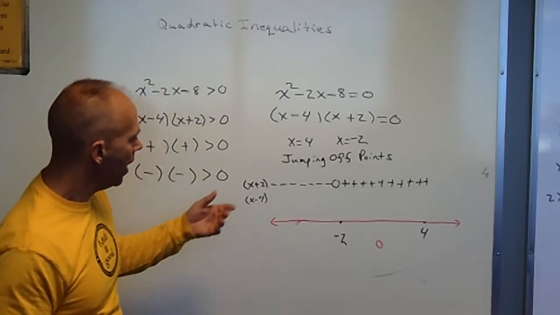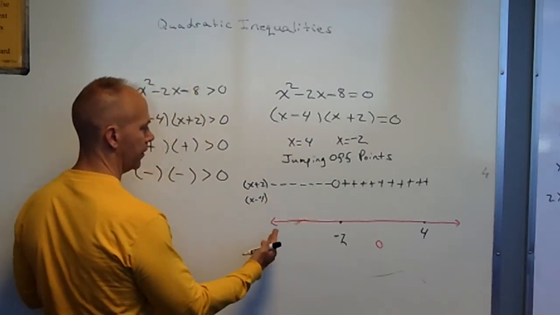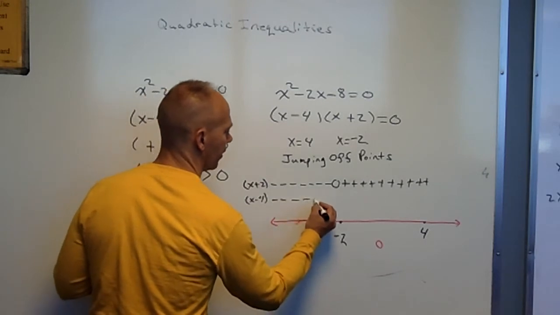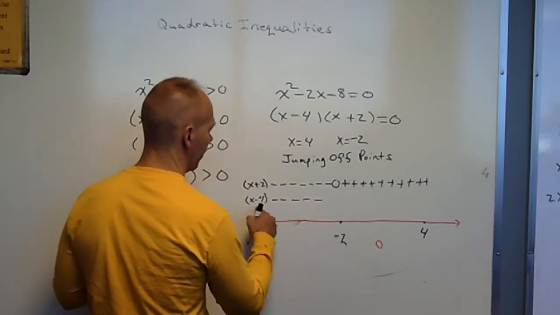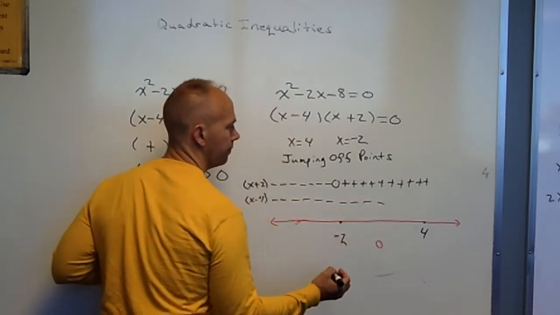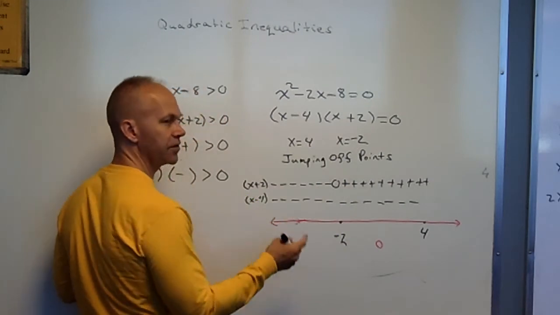Okay? And examining x minus 4 the same way. Out here for values of x, big negatives, I plug in for x, I get negative, negative, negative, negative, negative. Plug in -2, -2 minus 4 is -6, still negative. Keep going, keep going. Where does it finally change at its jumping off point?